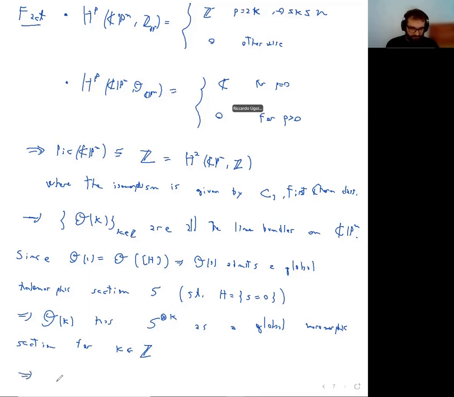So what this means, again from one of the theorems we saw yesterday, is that the map going from global sections of the sheaf of divisors into the Picard group is surjective.